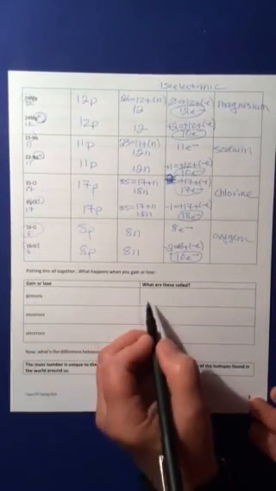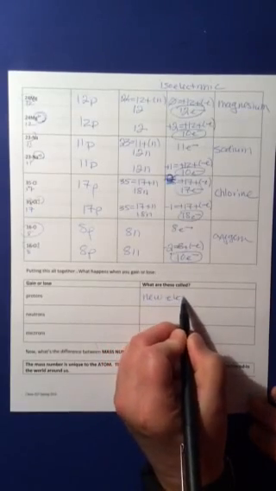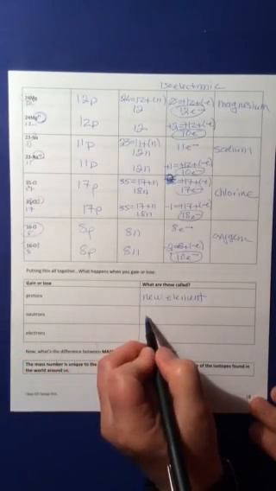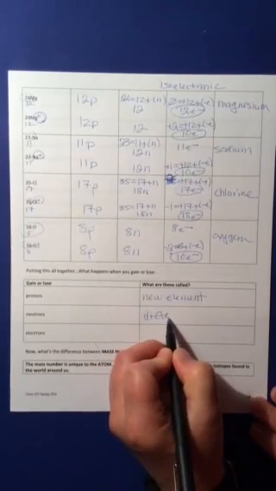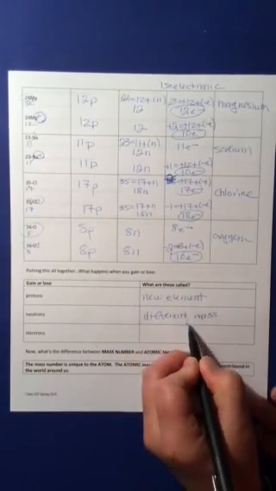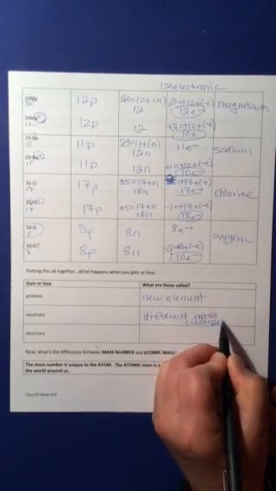So, for the purposes of summing this all together, we want to remember what happens when we gain or lose protons. We get a new element. When we gain or lose neutrons, we get a different mass. Okay? And these are called isotopes.